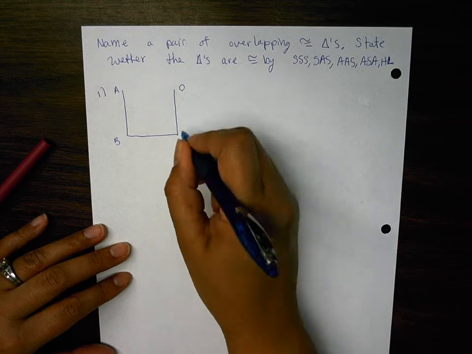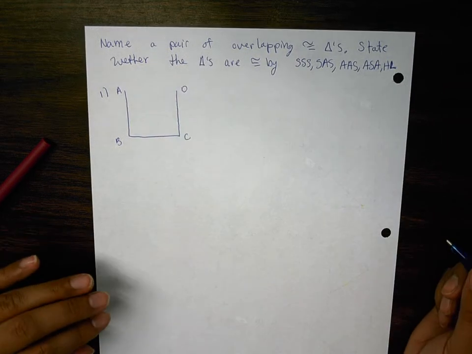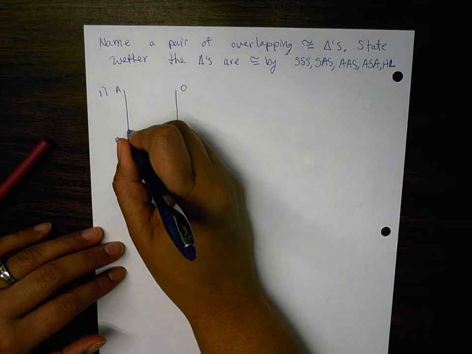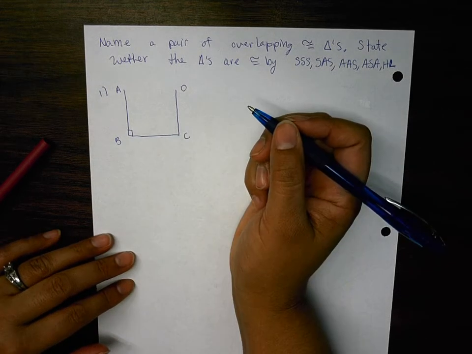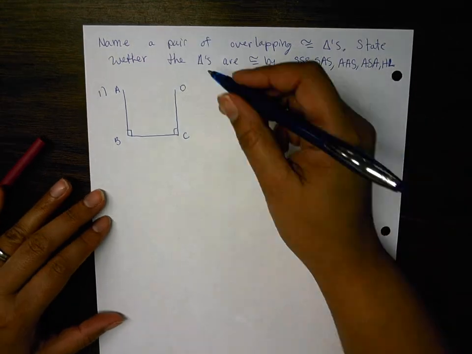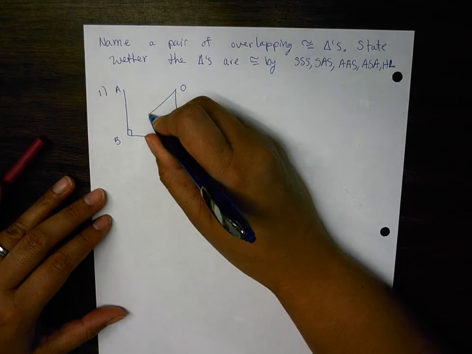This is A, this is B, D, C. There are some extra things I'm going to give you that I did not give you on the last one. Angle B is 90. Angle C is another right angle.